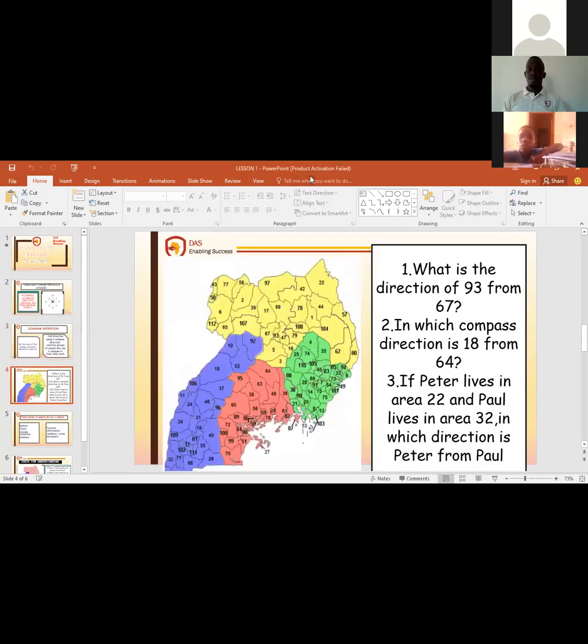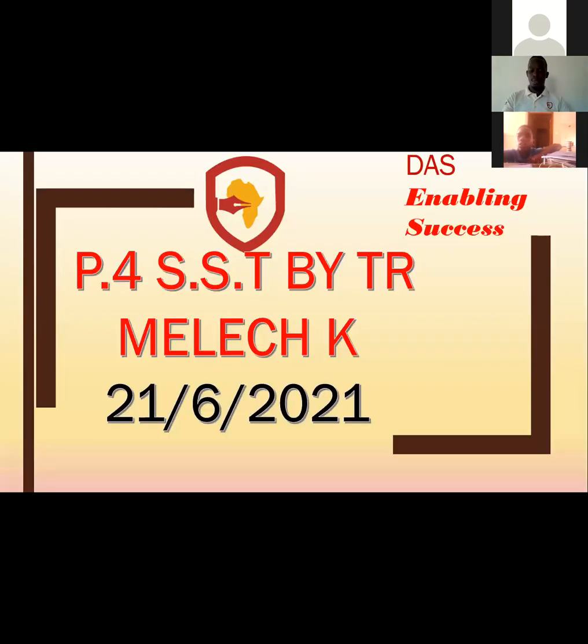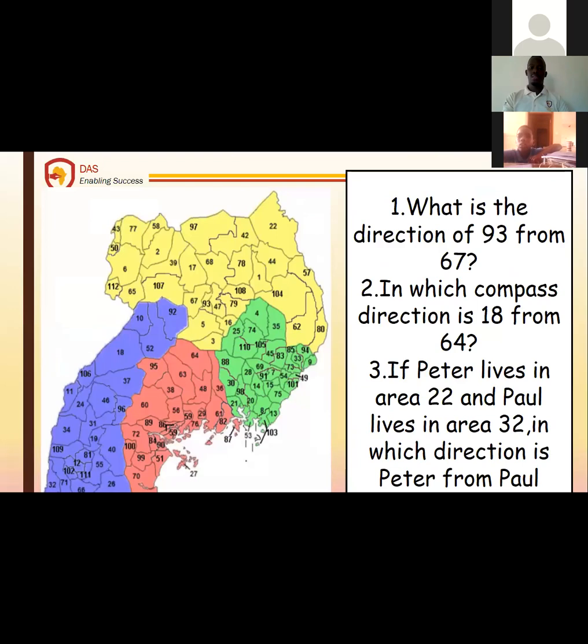Now, the map I've shared right now, I want you to study it properly, okay? We want to know if there is a place here. How can you tell the direction on the map? I want to use a pen and show you.